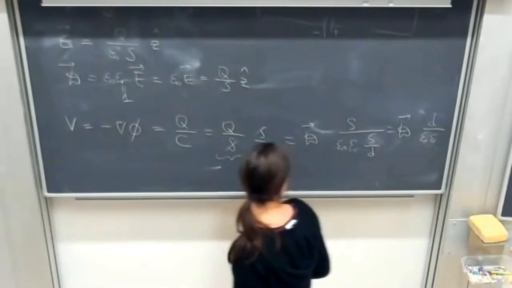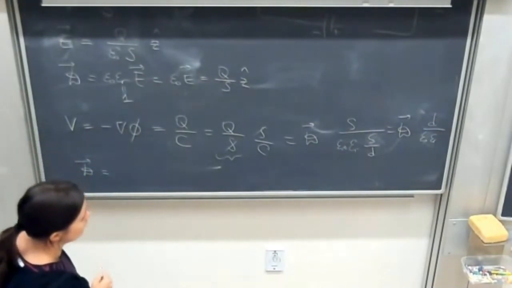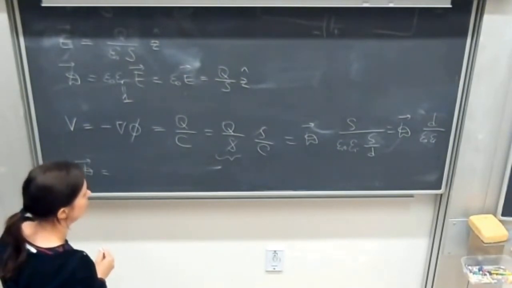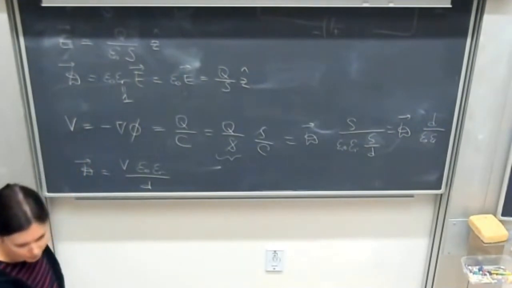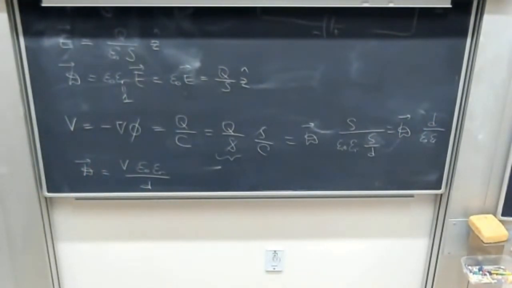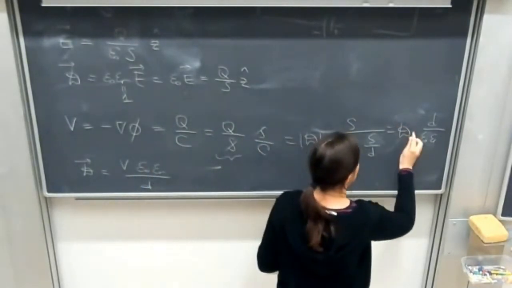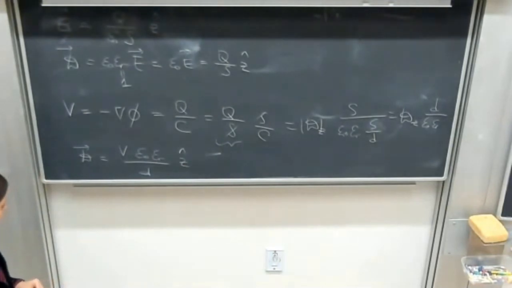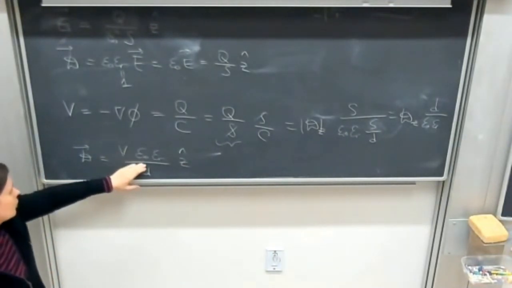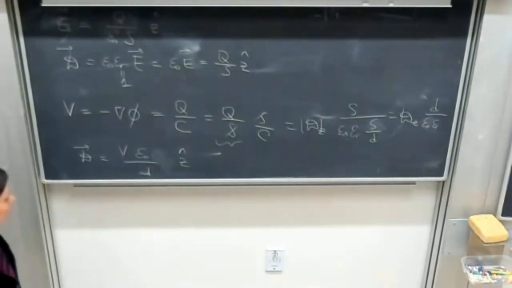So then we can write the displacement field divided by the distance between the capacitor plates. Seems to be correct, and actually, if I am not mistaken, this is the magnitude of D. So D is in the z direction, and written as a vector, it is in z direction: the voltage in the circuit, with epsilon r equal to 1, divided by the separation distance between the capacitor plates.